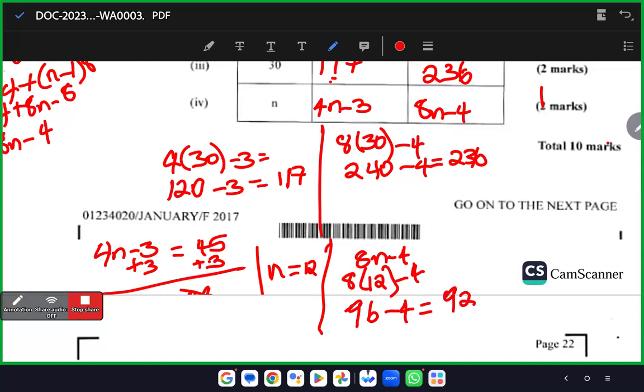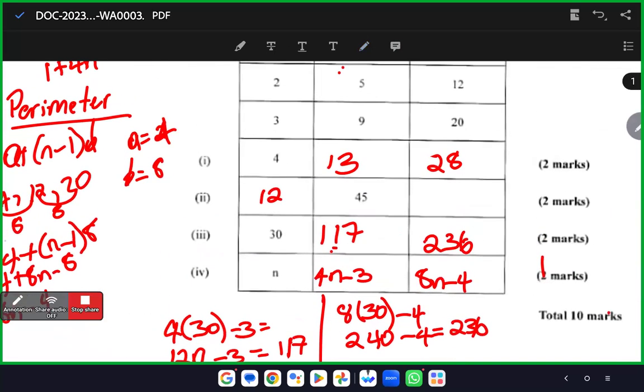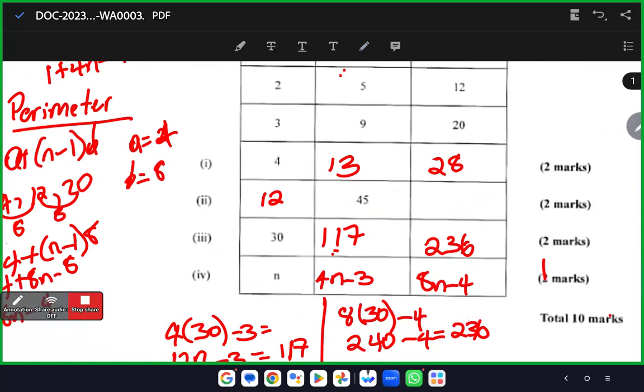And guess what? That would have been the end of your question, and you would have had all 10 marks just like that. So let's fill this in. The perimeter of the shape is actually 92.